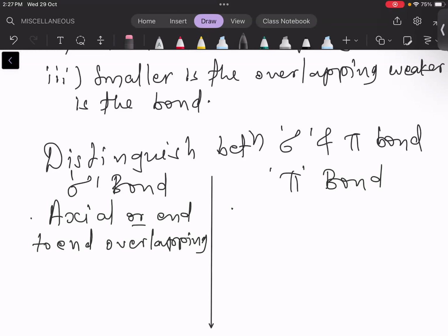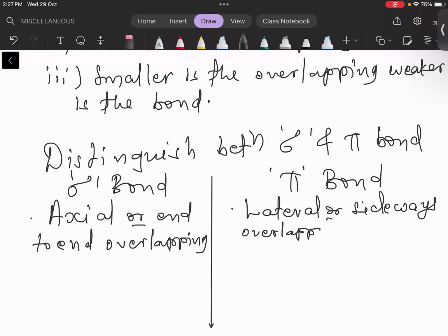This is formed by lateral or sideways overlapping.